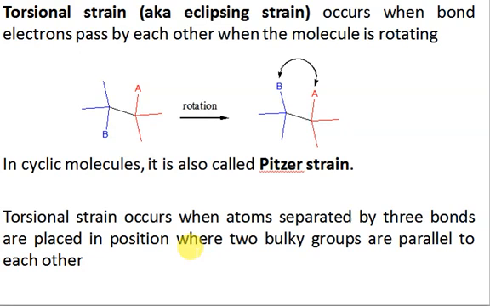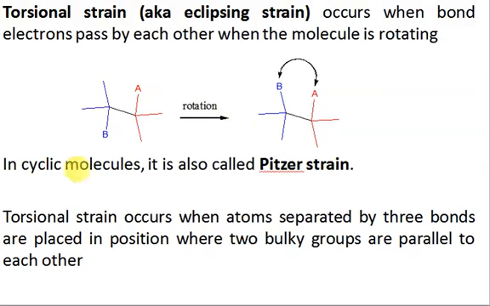In steric strain the atoms must be closer to each other in 3-dimensional space, but for torsional strain to exist, the two atoms must be separated by 3 bonds. You can say A and B are separated by 1, 2, and 3 bonds. So for torsional strain the atoms must be separated by 3 bonds, while in steric strain the atoms must be at least 4 bonds away, right?